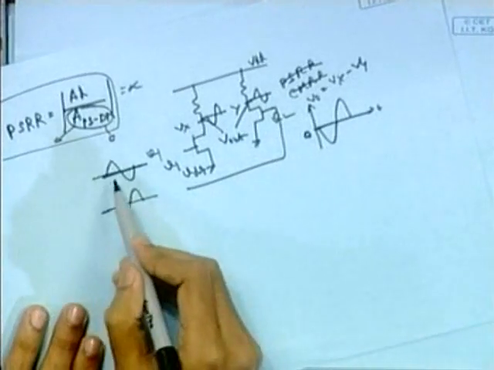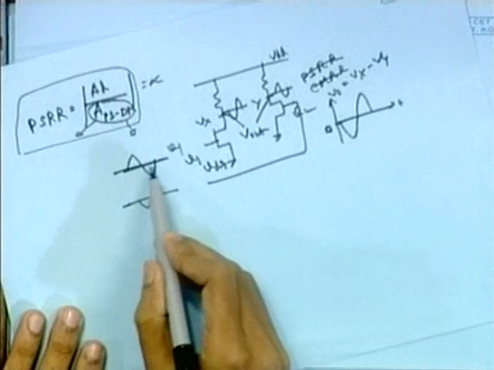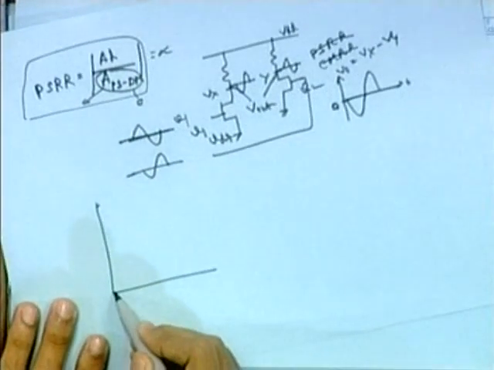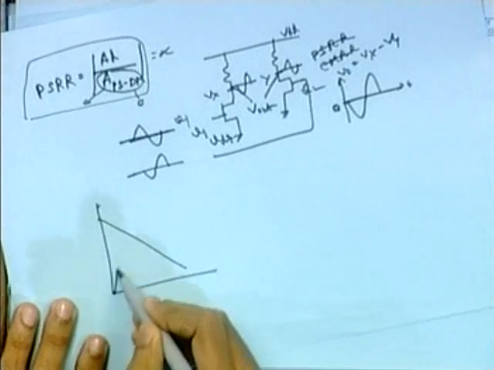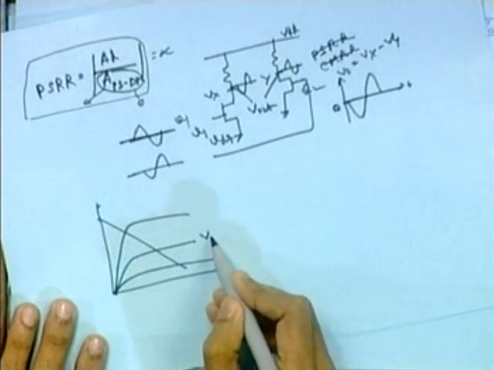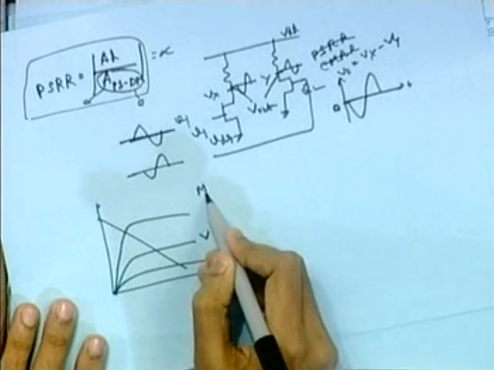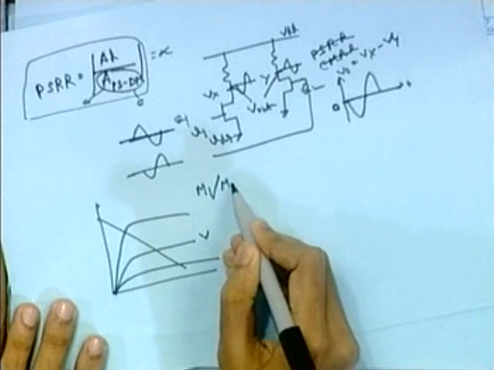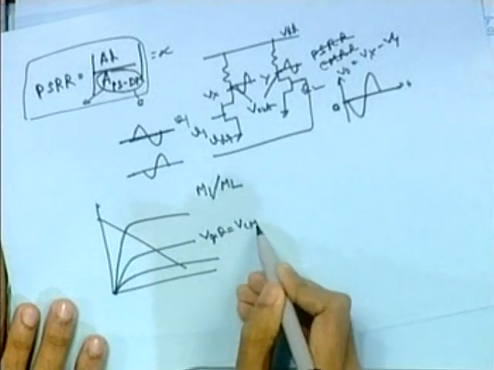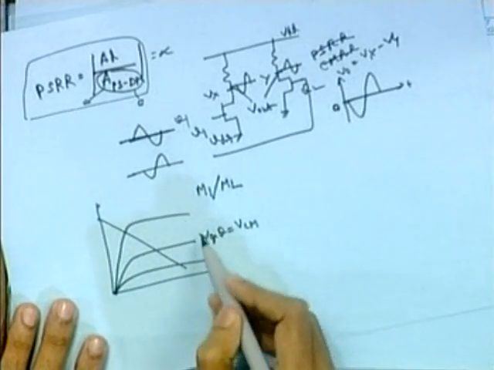Suppose now this input CM value has changed to a new value. Okay, let us draw the load line of this. This was our previous common mode signal. This is for M1 or M2, whichever it may be. This was our previous common mode signal, or VCM, and these two are our input swing.